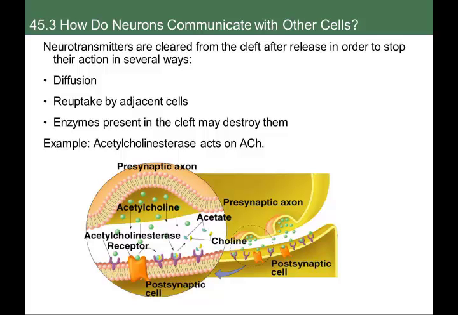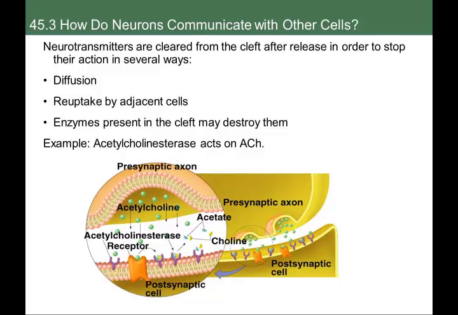We have a presynaptic axon, and what it's doing then is it's releasing the acetylcholine you see here, and the acetylcholine will then diffuse across the synaptic cleft and bind the receptor. But almost just as soon as that's happening, there is also the presence then of acetylcholinesterase.